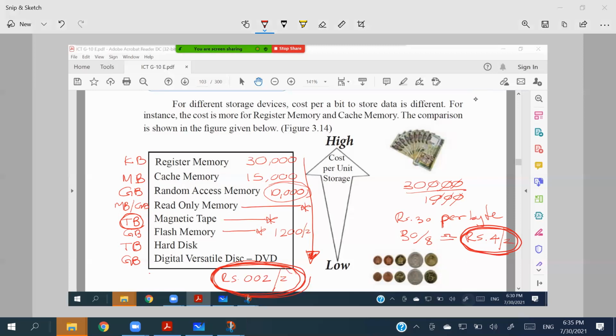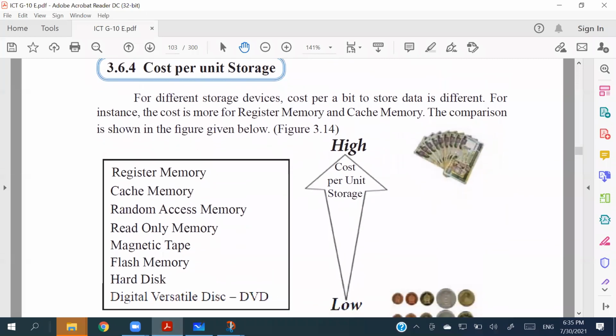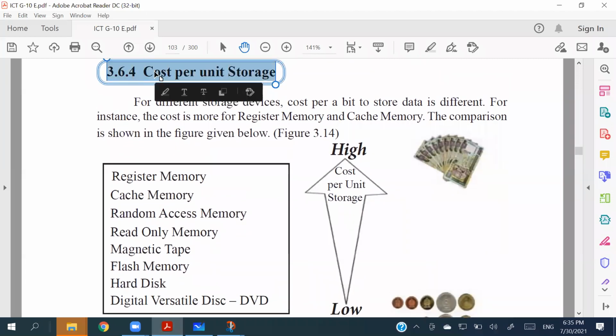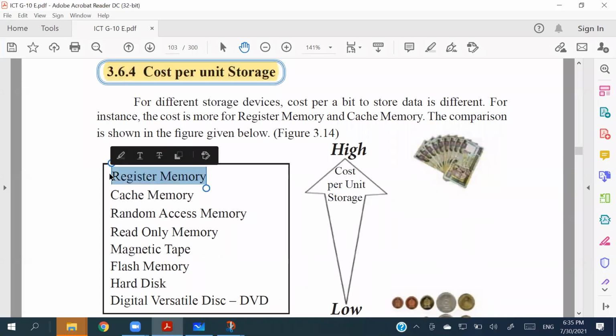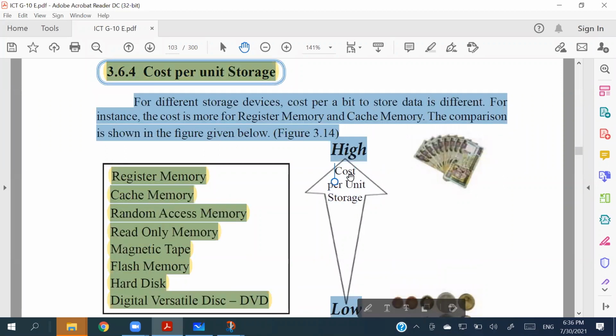Right. Okay. So let's get this down. So here comes the topic, cost per unit storage. And as usual, just copy the list down with the arrow.